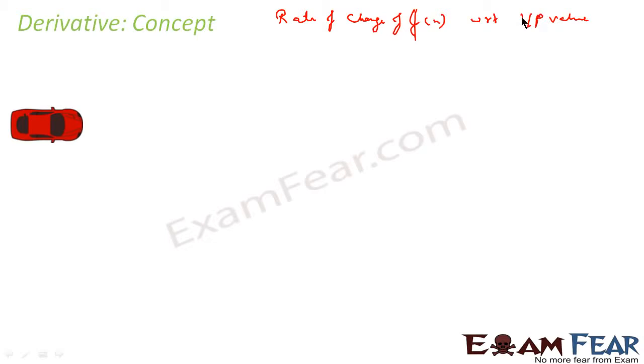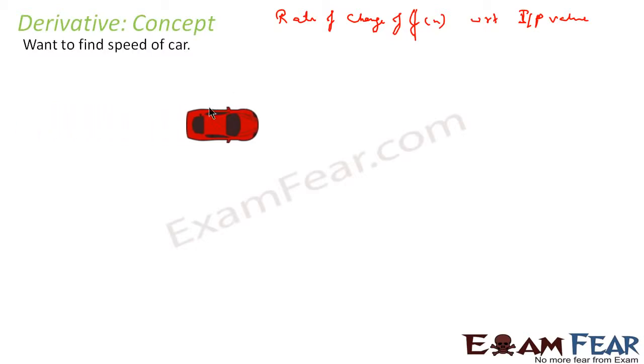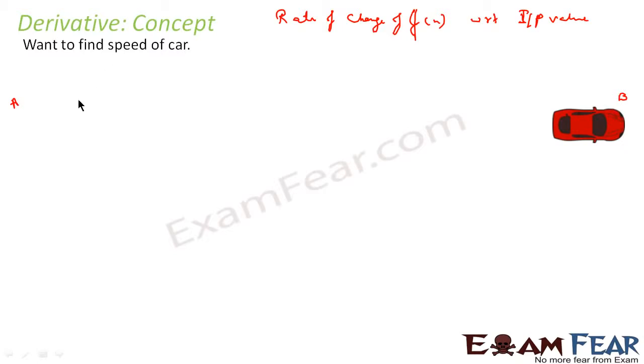The handwriting is bad, so we can ignore this. So let's have this car. This car is traveling from point A to point B, and I want to find the speed of this car. Let's suppose this point is 10 meters, this is 20 meters from point A, this is 30 meters, this is 40 meters, and this is 50 meters. So the distance between point A and point B is 50 meters.